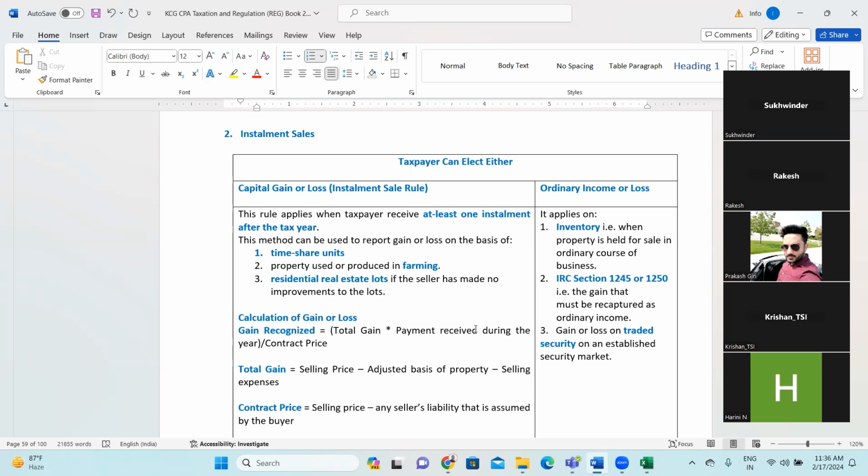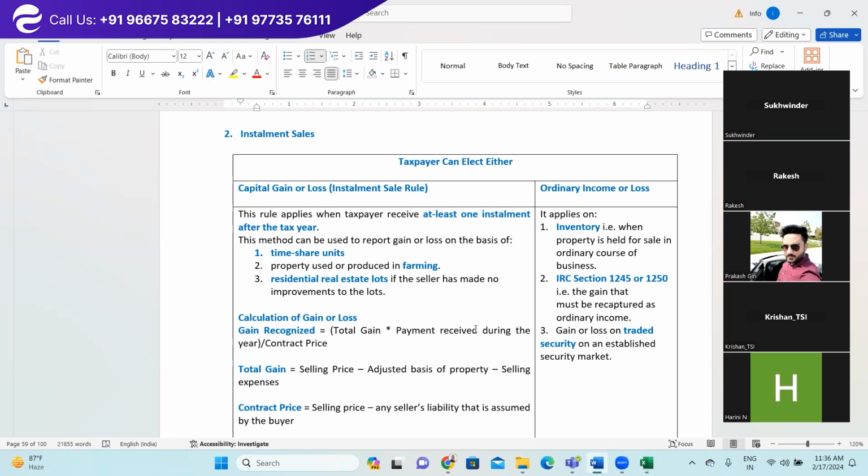You might have seen some of your neighbor shops give those equipments on installment sales to many people. But the key thing is the ownership will still remain in the hand of the seller until the last installment is received, and after the last installment, it is transferred to the respective person. This is how installment sale normally works.